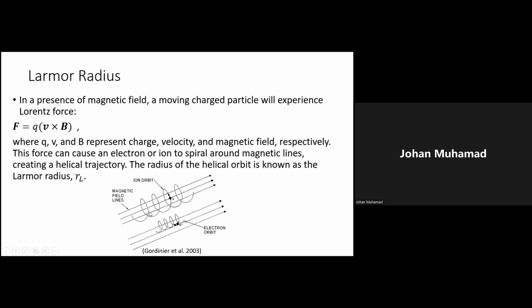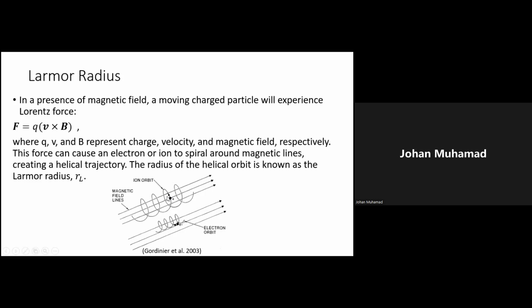So if we have magnetic field lines like this, and an ion moving in a perpendicular direction, it will experience the Lorentz force and make a spiral trajectory like this, and likewise for the electron orbit.